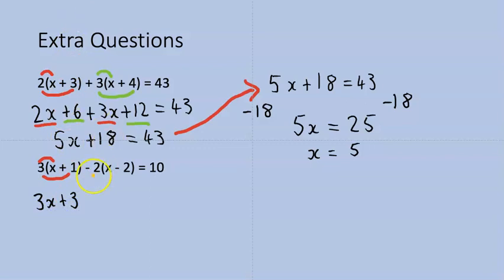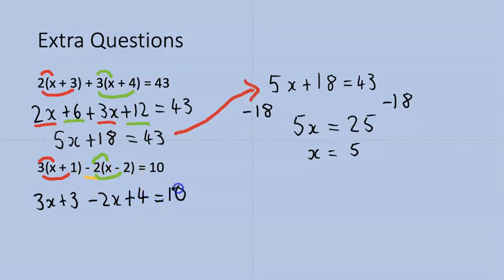Now remember, I've got minus 2 here again. Any negative number, just make sure you highlight it and have it in your mind before you expand it. So you're going to do minus 2 times x and then minus 2 times minus 2. Minus 2 times x is minus 2 lots of x. And minus 2 times minus 2 is plus 4.